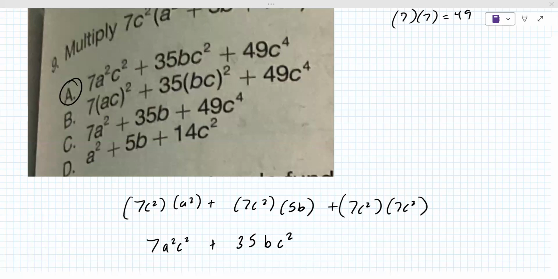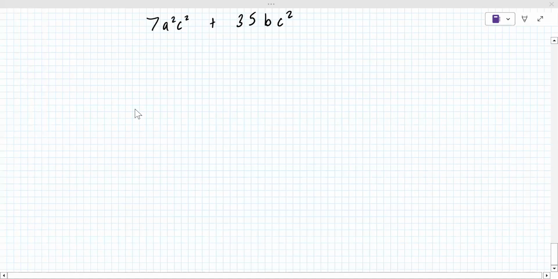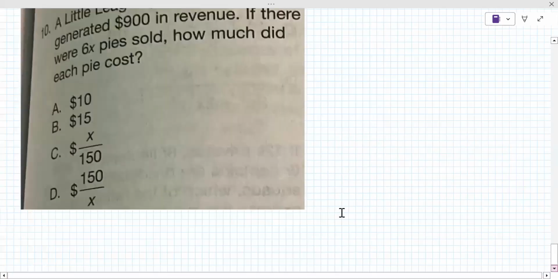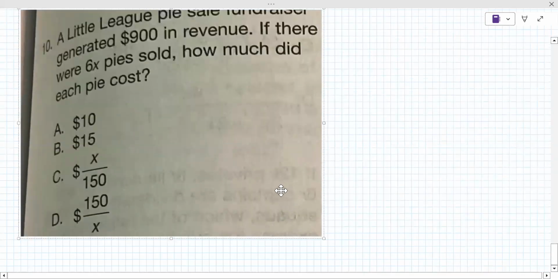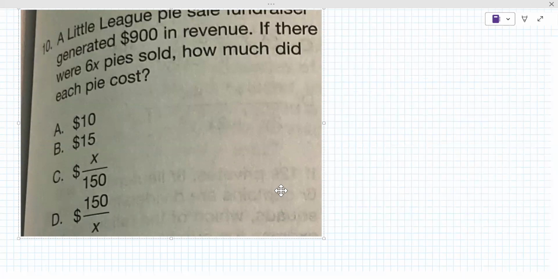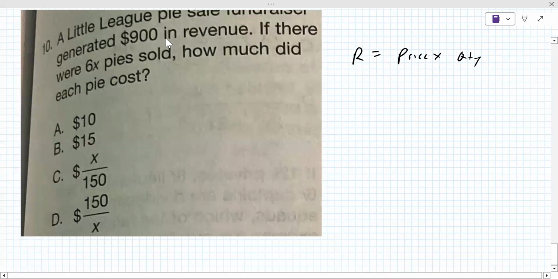All right. Little League pie sale fundraiser generated $900 in revenue. Okay, so revenue is price times however many you sold. They're telling you the revenue. They're telling you that that's 900.